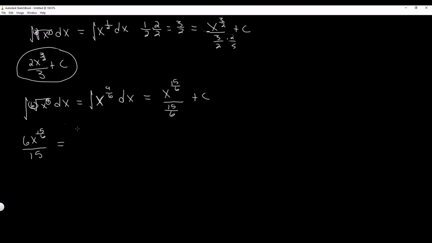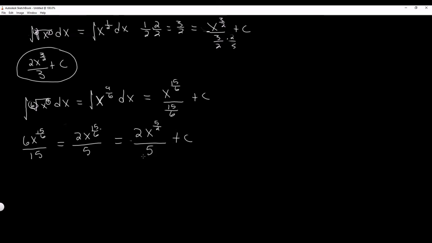So that's going to leave us with 2x to the 15 over 6 divided by 5. And then we can do the same thing to the exponent here, divide by 3 over 3. And that's going to be equal to 2x to the 5 over 2 divided by 5 plus c.